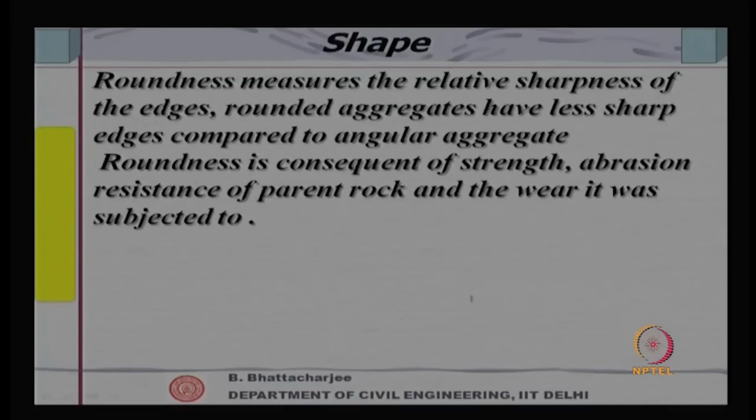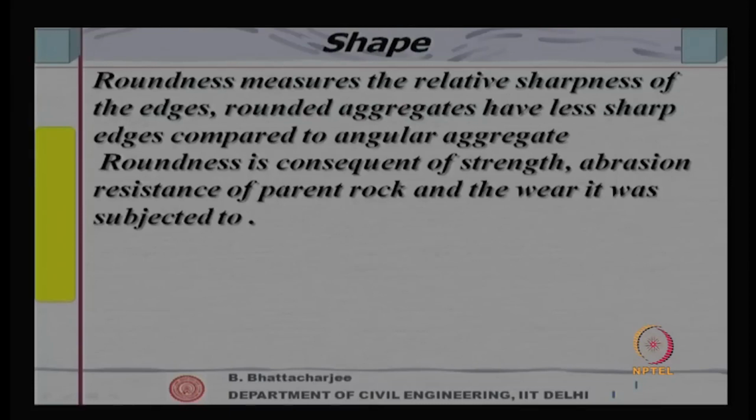If it is a strong aggregate, it is likely to be less round because it may still keep its edges, and abrasion resistance is very important because the edges become rounded through abrasive action and wear and tear. So, how much wear it has undergone will depend upon that.